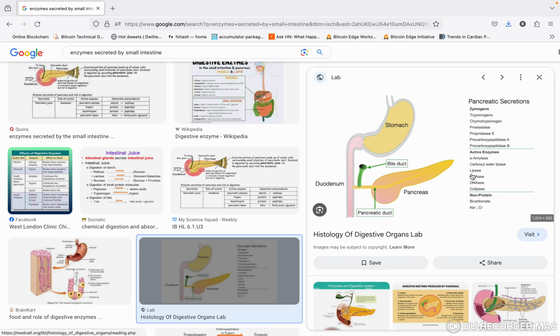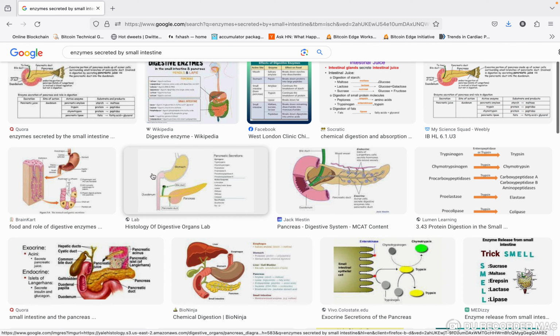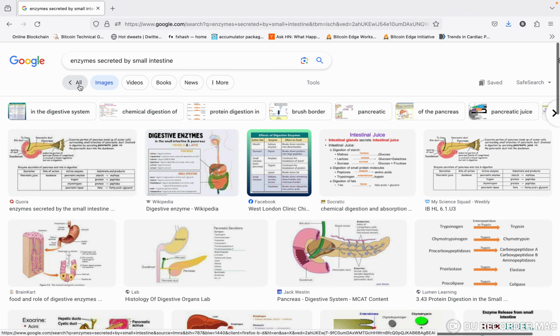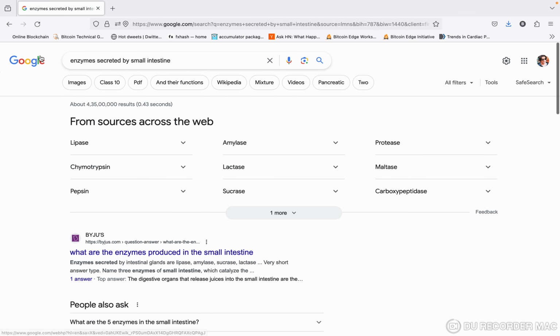Okay, lipase is secreted from the pancreas, stomach, also all over the places. Okay, nothing more to be noted.